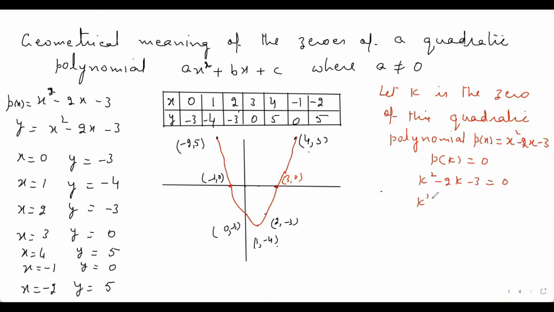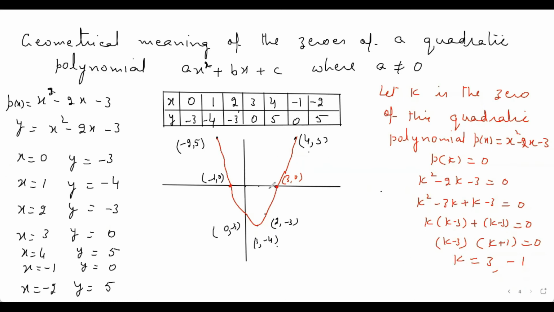It means k square minus 3k plus k minus 3 is 0. It means k(k minus 3) plus 1(k minus 3) is equal to 0. It means (k minus 3)(k plus 1) is 0. So k is equal to 3 and k is equal to minus 1. Now 3 and minus 1 are the zeros of this polynomial, x square minus 2x minus 3.